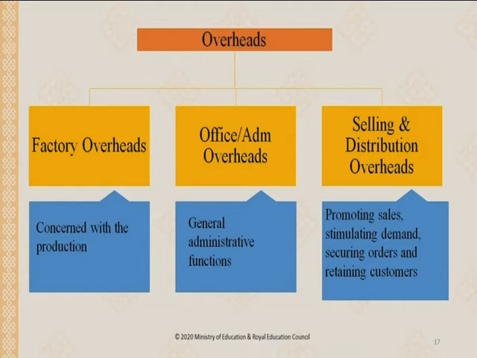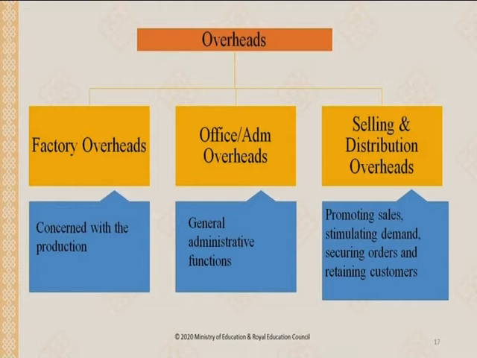Next we have the last one, selling and distribution, the overheads which are related with promoting the sales, stimulating demand, securing orders and retaining customers. So these are with regard to the overheads. You have to remember that under prime cost all direct expenses are put in, and under overheads all indirects are taken into account.